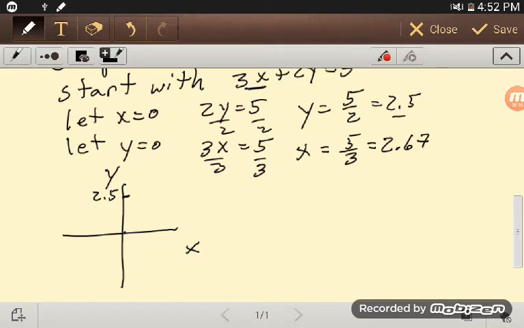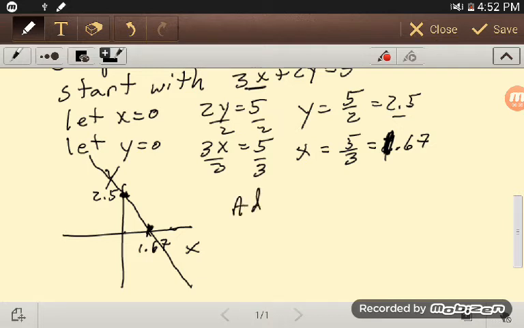And I misspoke here, not 2.67, it's 1.67. There's a point there from the 0 and 2.5, and now I go to x equals 1.67. So there's 1.67 and 0, and there are 2 points on my straight line. So now I can draw that straight line. So there's the straight line part.